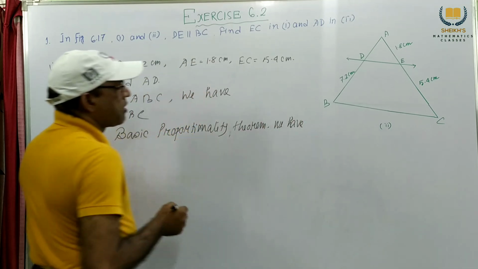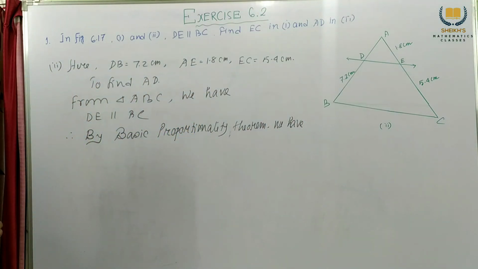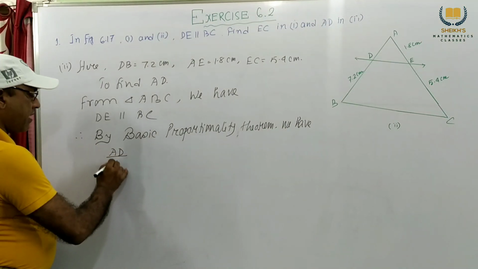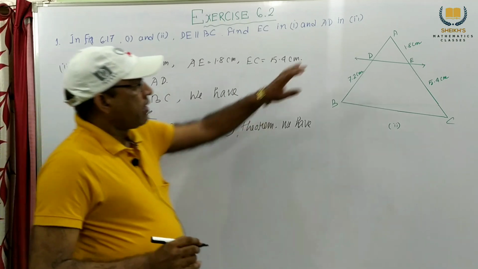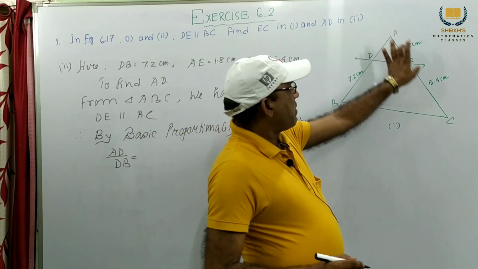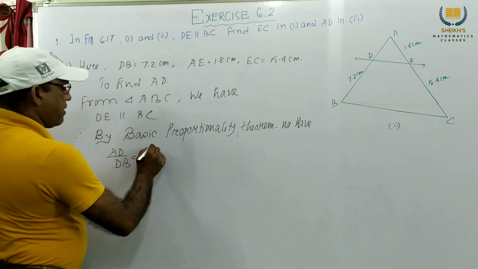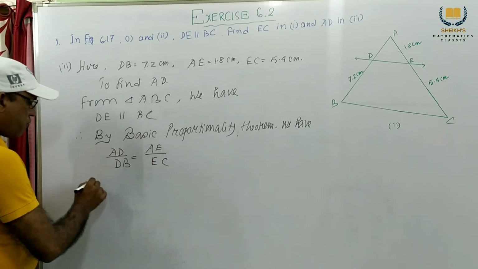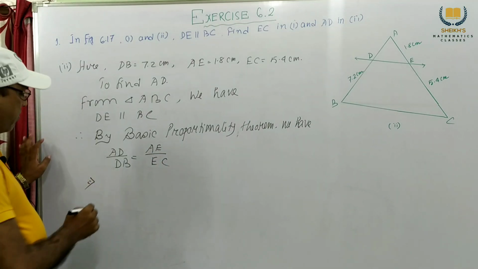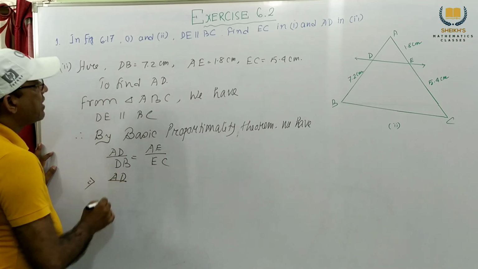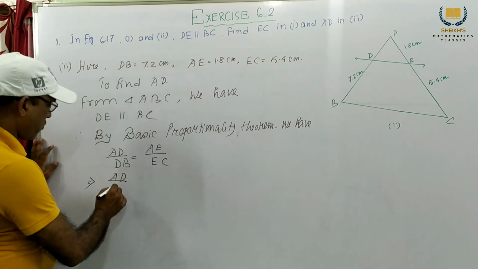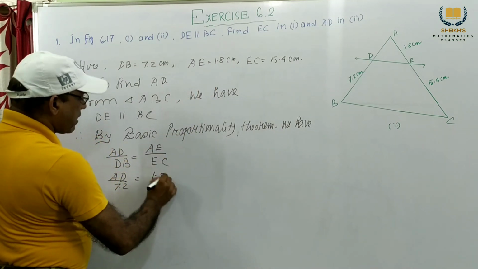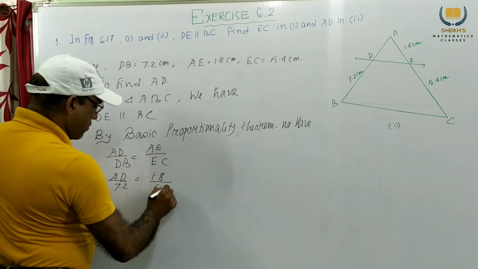by the basic proportionality theorem, BPT or Thales theorem, we get AD by DB equal to AE by EC. So putting in the values, AD is not given, we have to find AD, DB is 7.2, AE is 1.8, EC is 5.4.